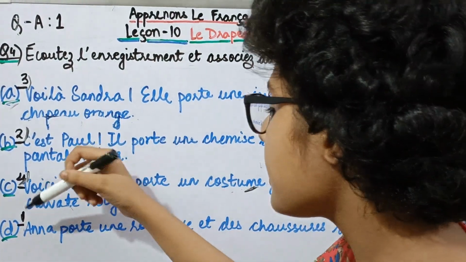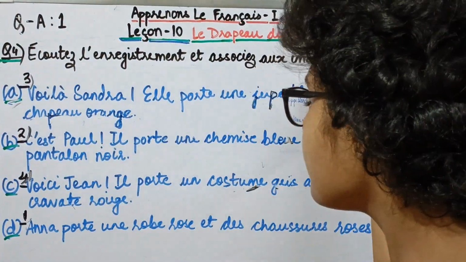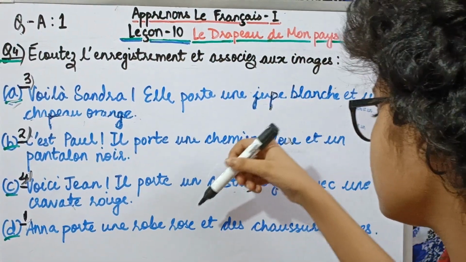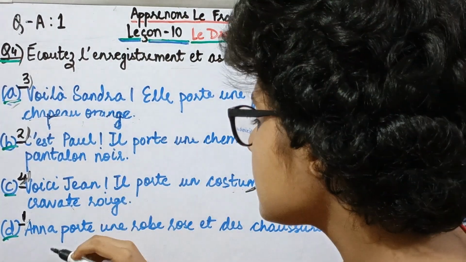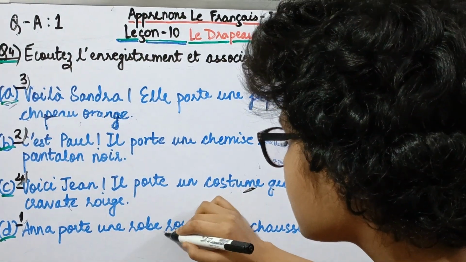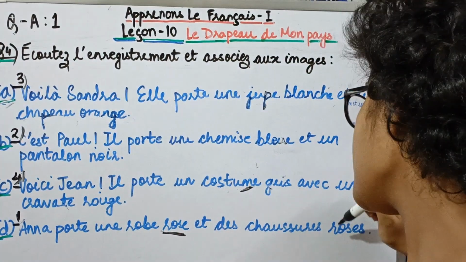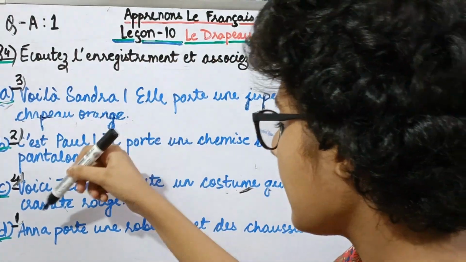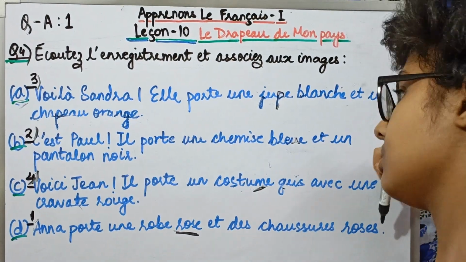Then we have the D part that corresponds to the first description, that is Anna porte une robe rose et des chaussures rose. It means Anna is wearing a pink dress with pink shoes.